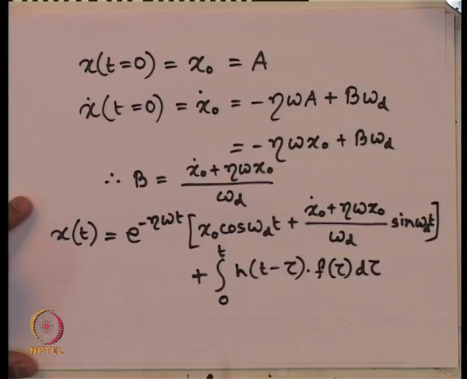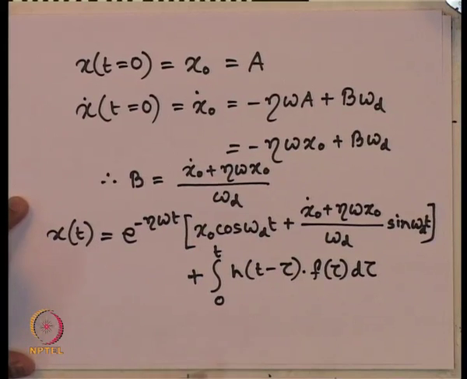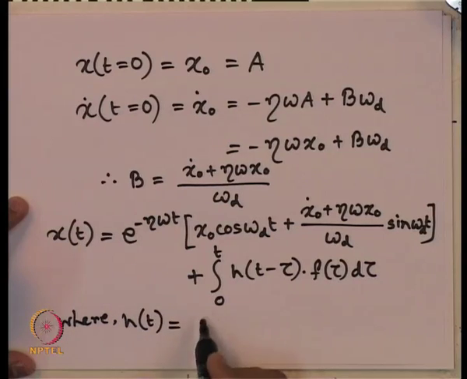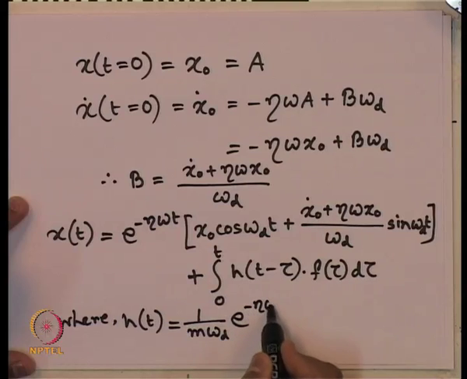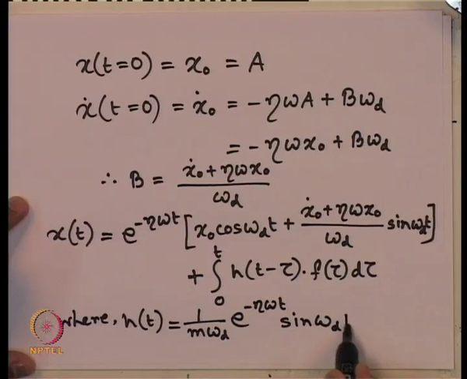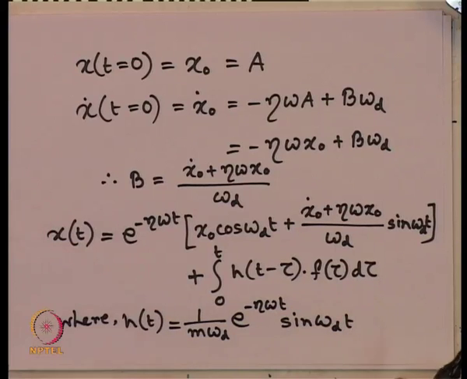And we know h of t is given by 1 by m omega d e to the power minus eta omega t sine of omega d t.